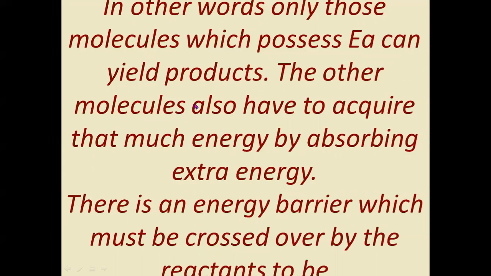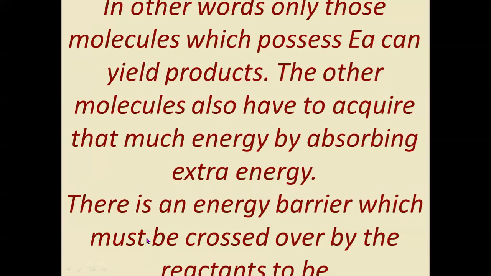Energy of one molecule will be absorbed by the other, means the other one is losing energy. So it has to again gain the energy from the atmosphere or whatever is supplied to it, and whenever its energy becomes equal to EA, then only it will form product.